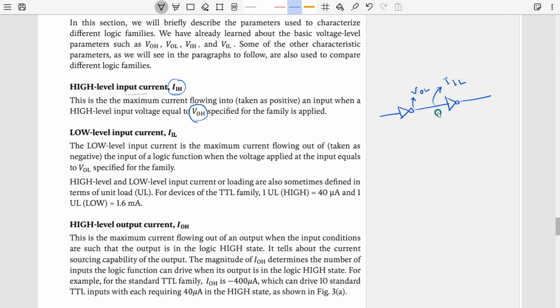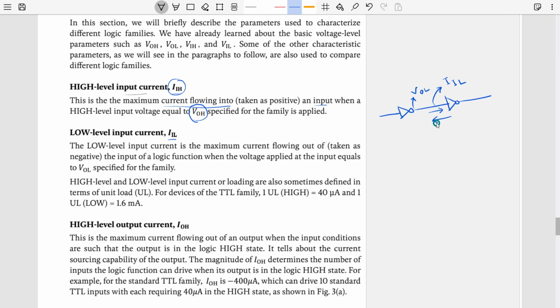We will talk about that later on, but some amount of current is going whenever we are providing VOL voltage from the previous stage. What is the maximum current it will intake, or maybe the same amount of current may also go out? You see this is written here. For this one, current is flowing into the input, and for this one, in the low condition, current is actually going out.